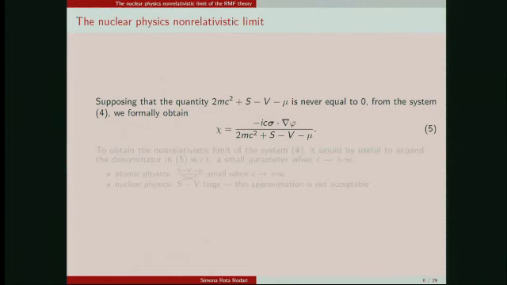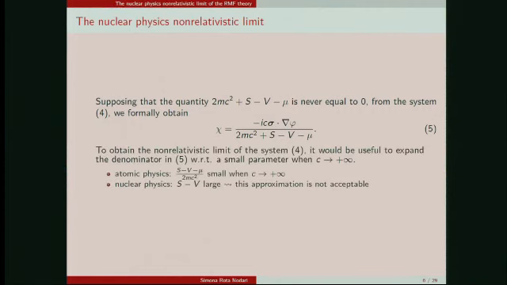To obtain the non-relativistic limit of the Dirac equation, I have to expand this denominator here with respect to a parameter that is small when c goes to infinity. In atomic physics, we consider that (s − v − μ)/2mc² is small when c goes to infinity. But this approximation is not acceptable in nuclear physics because s − v is large.